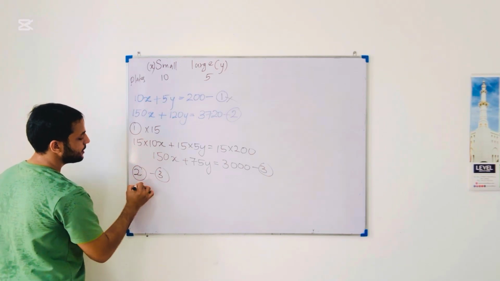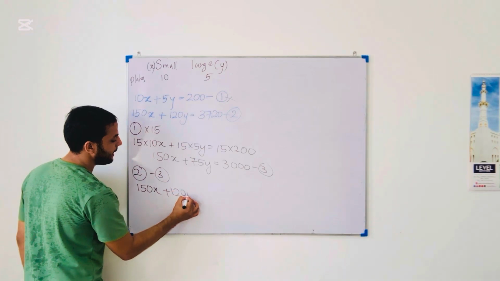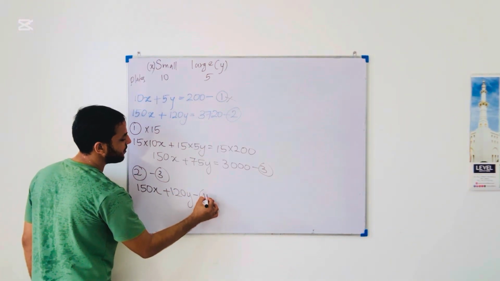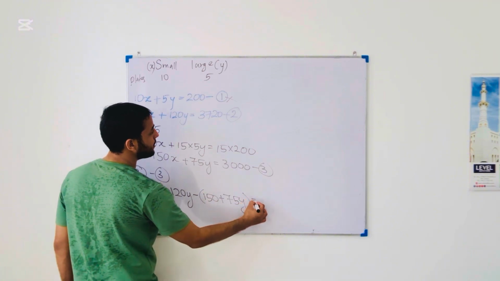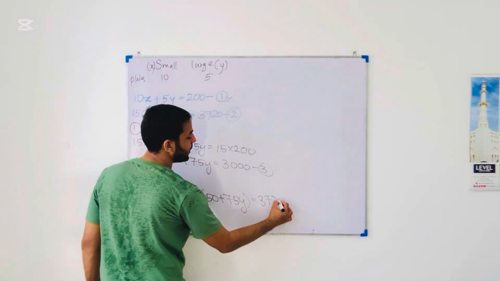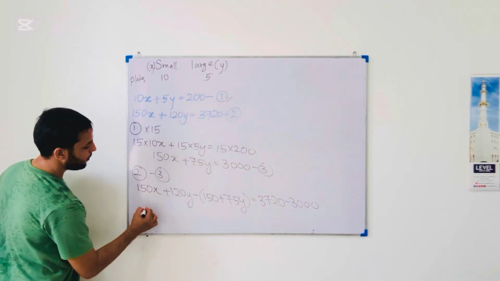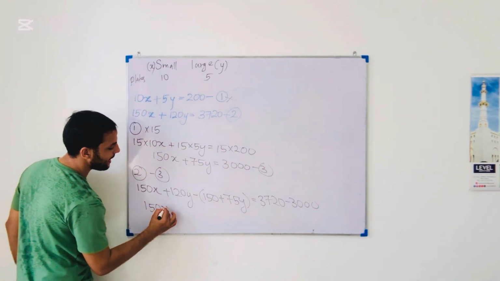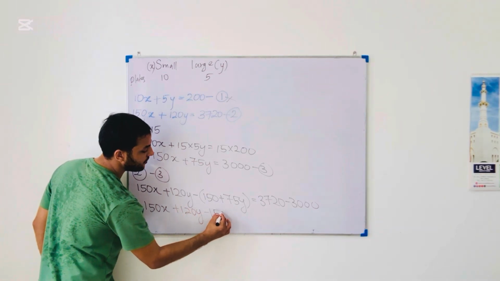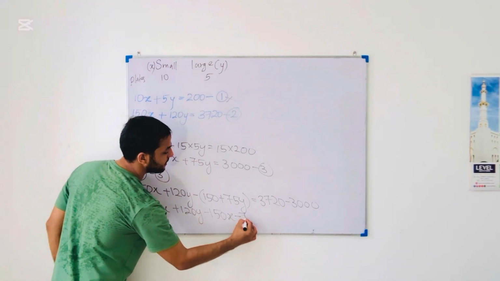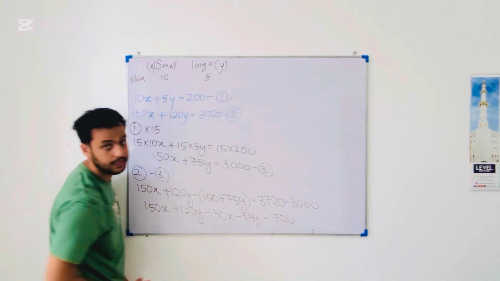So 150x plus 120y minus, bracket, 150x plus 75y, that is equal to 3720 minus 3000. Now if I remove the bracket, 150x plus 120y minus 150x minus 75y, that is equal to 720.